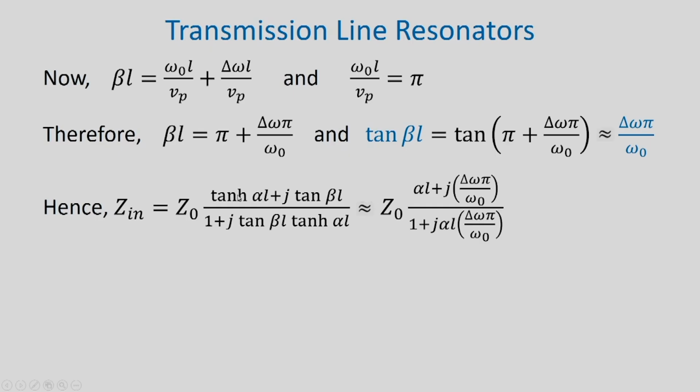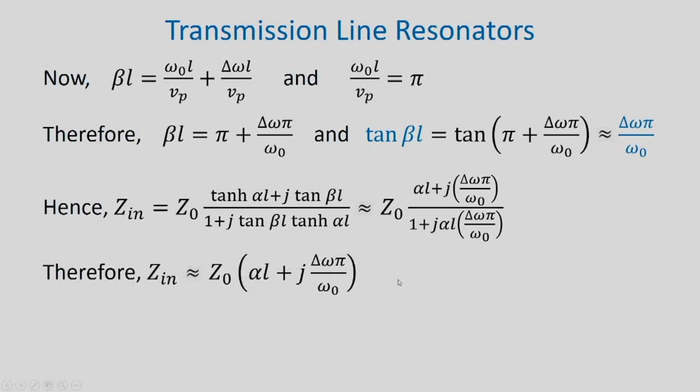Now, if you substitute tanh alpha L as alpha L and tan beta L as delta omega pi by omega naught, we can write Z in approximately equal to Z naught times (alpha L plus j delta omega pi by omega naught) divided by (1 plus j alpha L delta omega pi by omega naught).